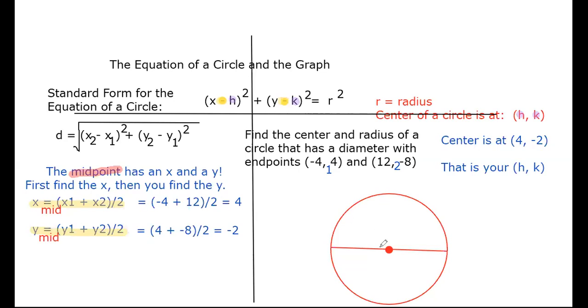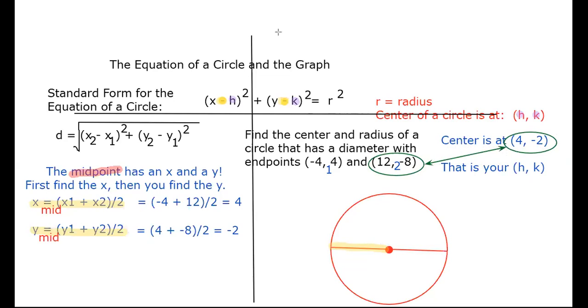The radius is the distance from the midpoint to the edge. So our radius is the distance between this point and the center. It's the distance between these 2 points. You can use the other one if you want. It'll be the same no matter what.